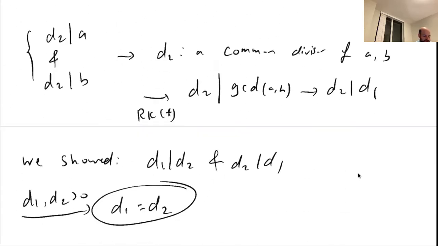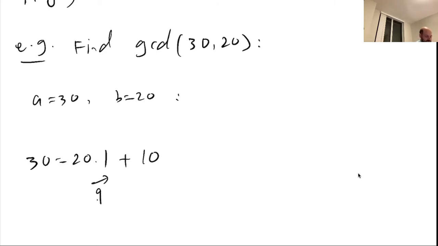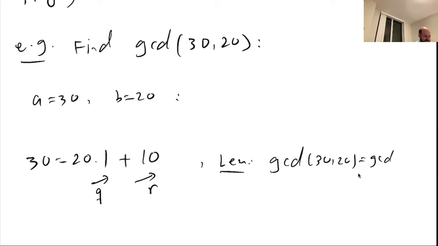So here my number A is 30, B is 20. So I can say 30 is 20 times 1 plus 10. So this is my Q, and this is my R. And the lemma above says that the GCD of 30 and 20 is the same as the GCD of 20 and 10.